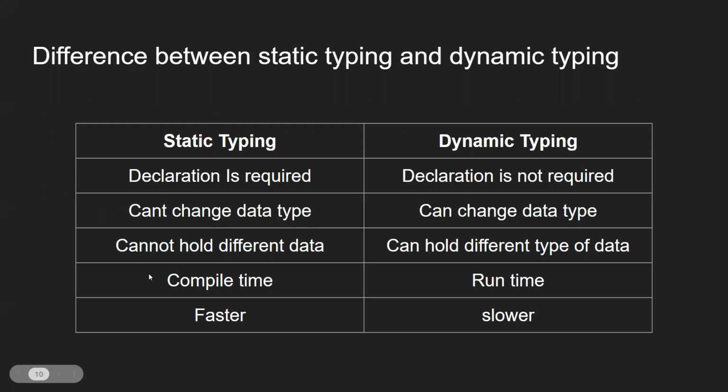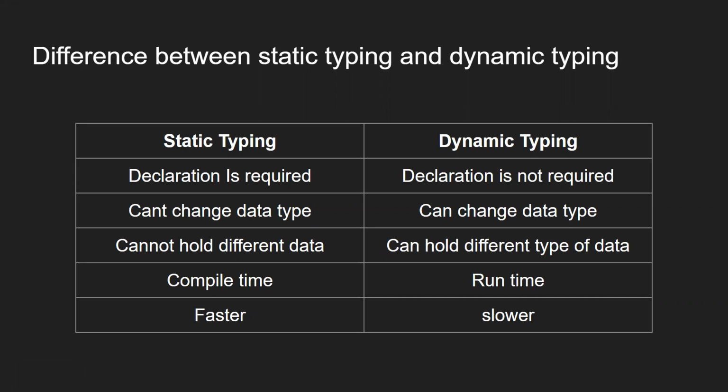Let's see the difference between these two. In static typing, declaration is required, whereas in dynamic typing, you need not declare your variable. You can just initialize it with some value and you can use it. In static typing, you cannot change the data type of your variable by assigning a different type of data to it.